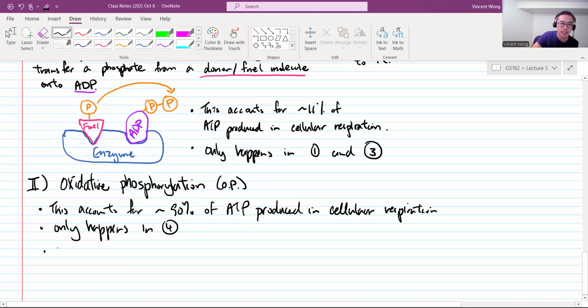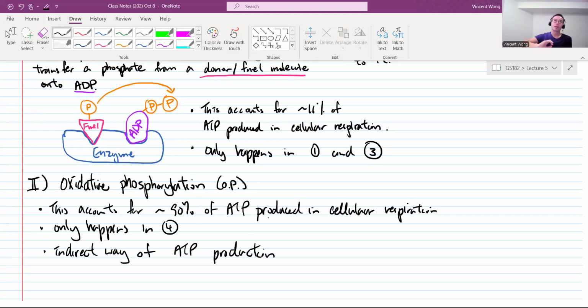It's kind of an indirect way of ATP production. You're not making it immediately. It takes some steps in between before you can actually get ATP.